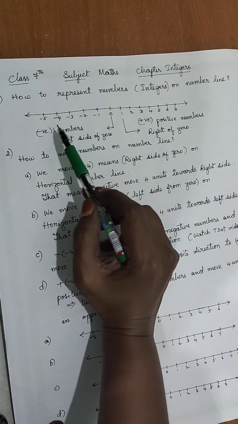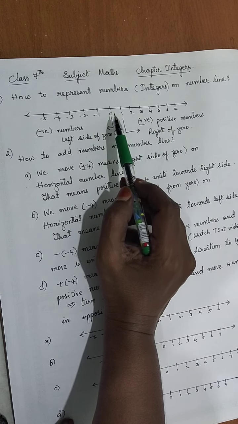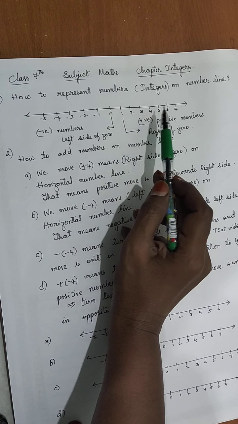The next thing is, this is known as horizontal representation of integers.